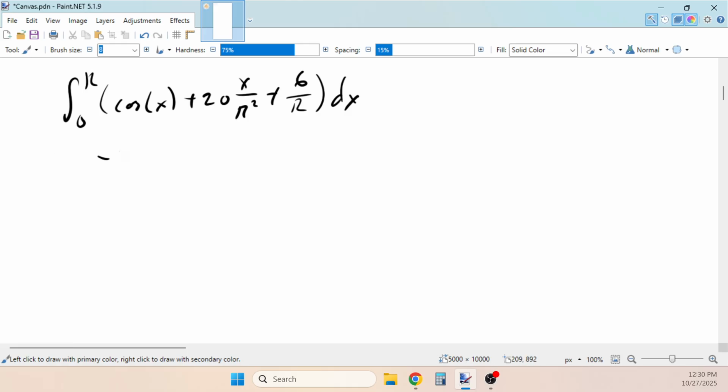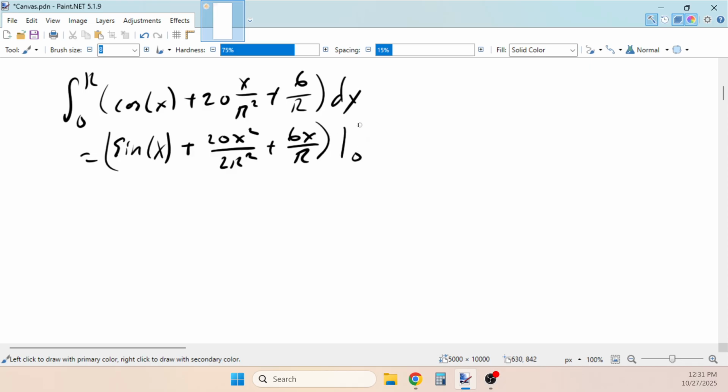The antiderivative of derivative of sine, plus squared, pi.